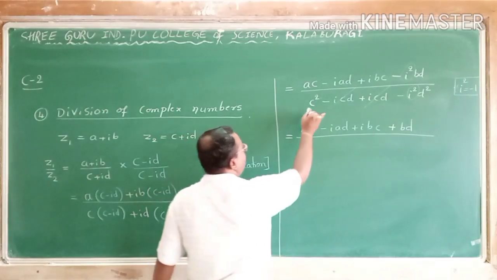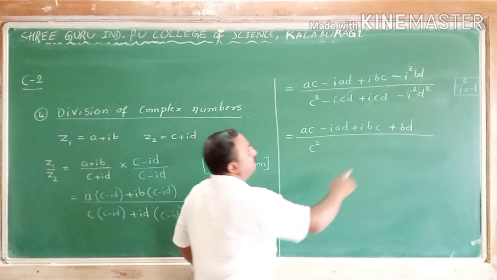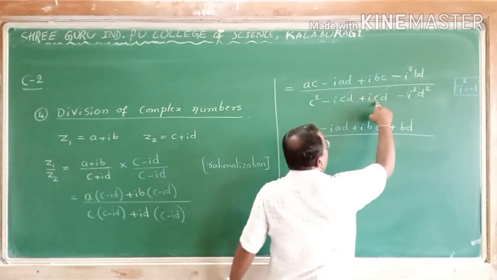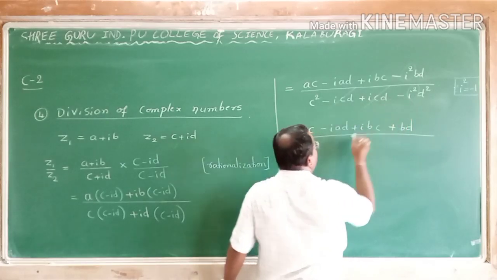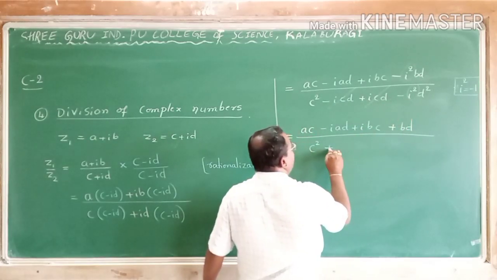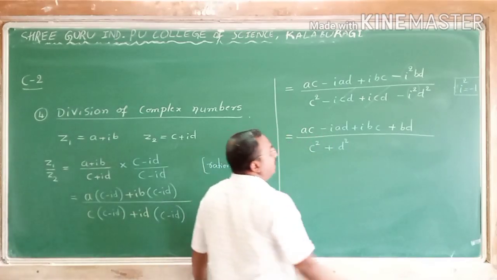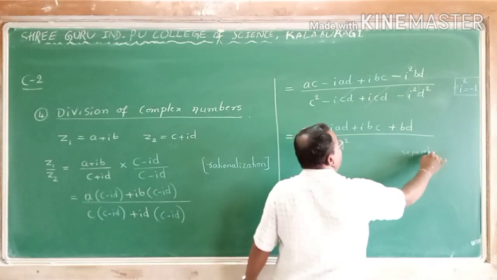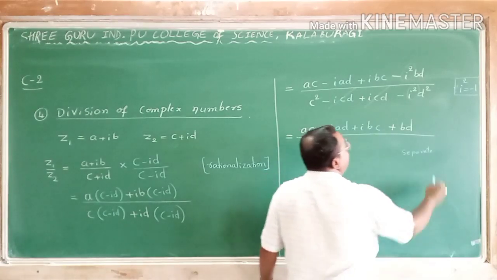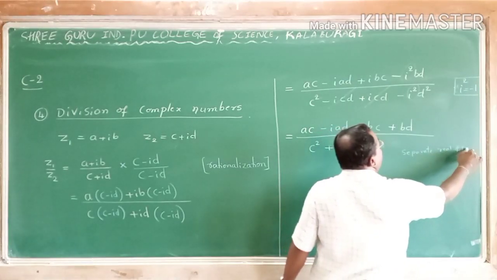Next, this is c squared, and the positive and negative cancel completely. I squared value is minus 1, minus minus plus d squared.